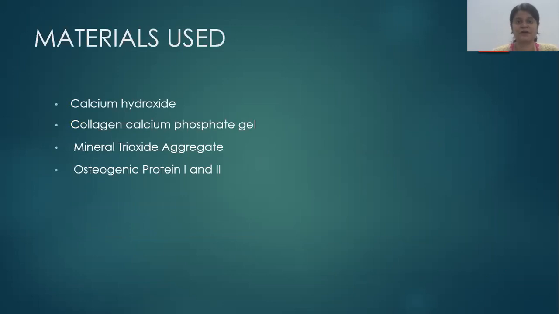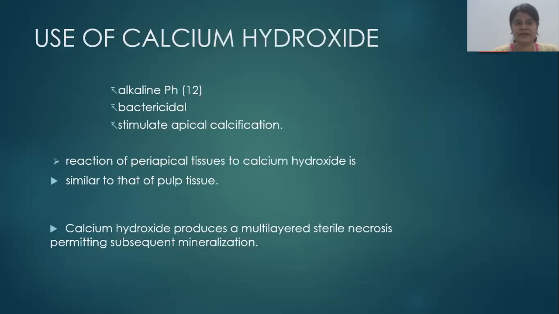Materials used for apexification procedures: again calcium hydroxide, the most sought-after material, then collagen calcium phosphate gel, then mineral trioxide aggregate, and osteogenic protein 1. The reasons for using calcium hydroxide as an apexification or root filling material are, first, its very high alkaline pH of around 12, its bactericidal properties, and its ability to stimulate apical calcification.